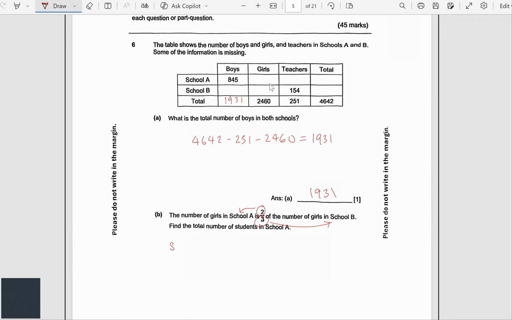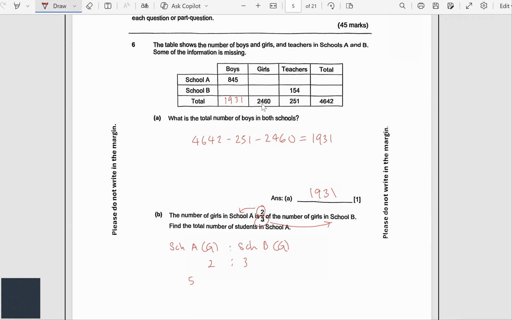So if I were to write the ratio, the girls in school A to school B girls, 2 to 3. And the total number of girls is 2460.